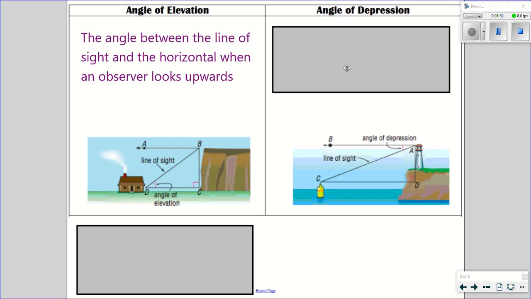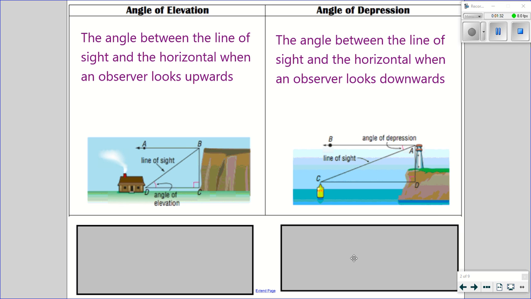The opposite of that is the angle of depression, which is the angle between the line of sight and the horizontal when an observer looks downward. You think of elevation like elevator, height; depression, you're down. So imagine you're standing at a lighthouse, looking down to see an object in the water.